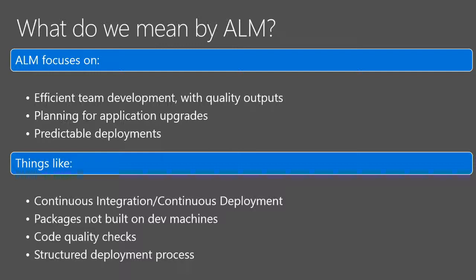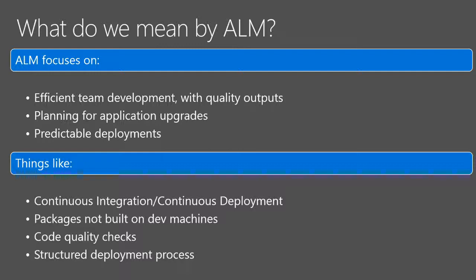So when I think of ALM, I think about developing in a team and making sure that we've got a smooth process, that everybody can be productive. And I think about planning ahead. So we're not just thinking about what happens in our dev environments, but how are we going to make this release into our client environments? How are we going to update production? And really what we're trying to do is minimize the stress of those upgrades and those deployment days.